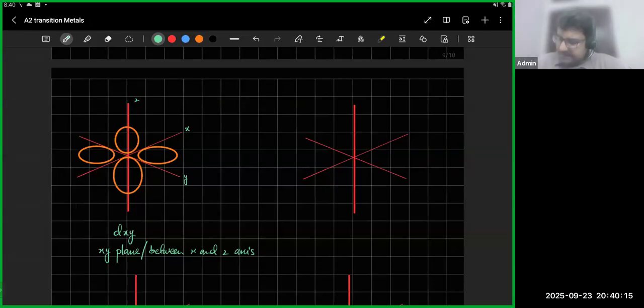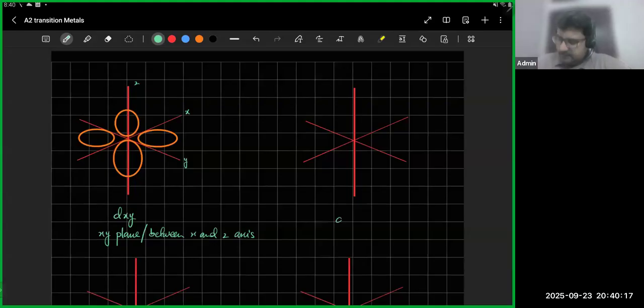The next one is dxz. Now, this one would be in the XZ plane.